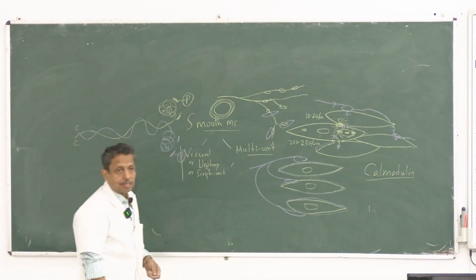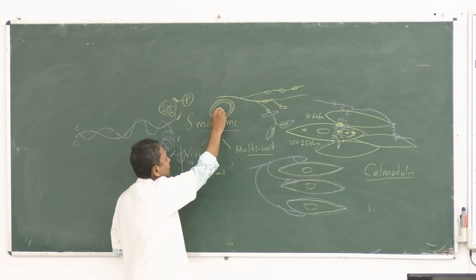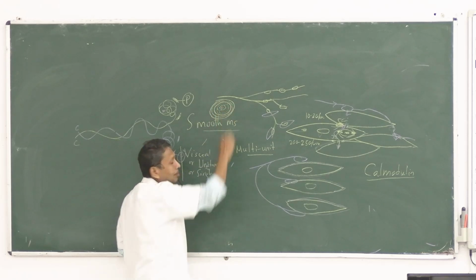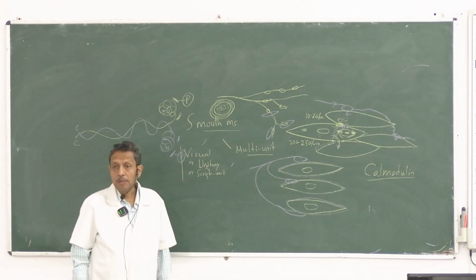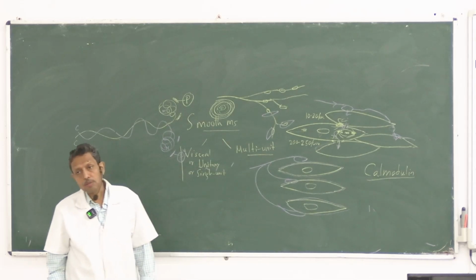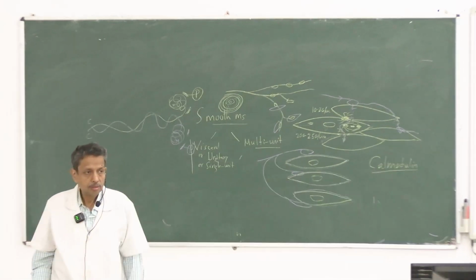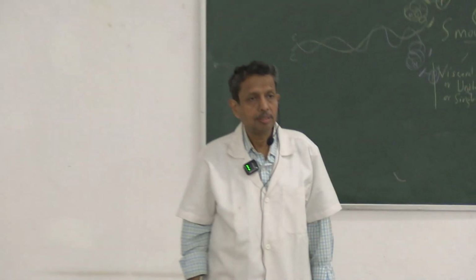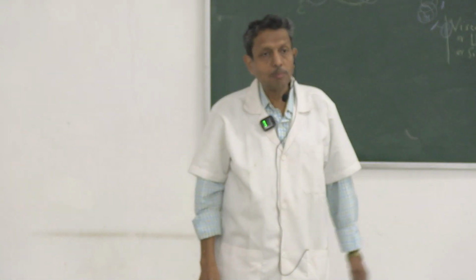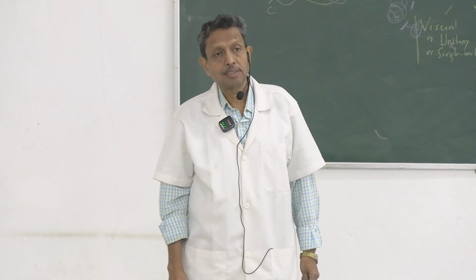Whenever there is requirement, it can close it so that it almost completely obliterates the lumen. It is possible, and it is going on within the body. So the function of the smooth muscle is to some extent different, and different in their structures.